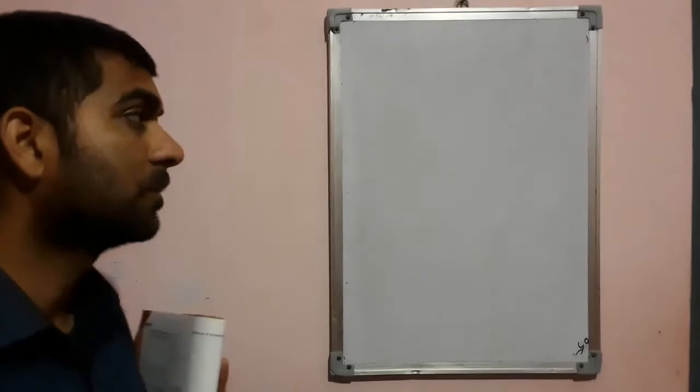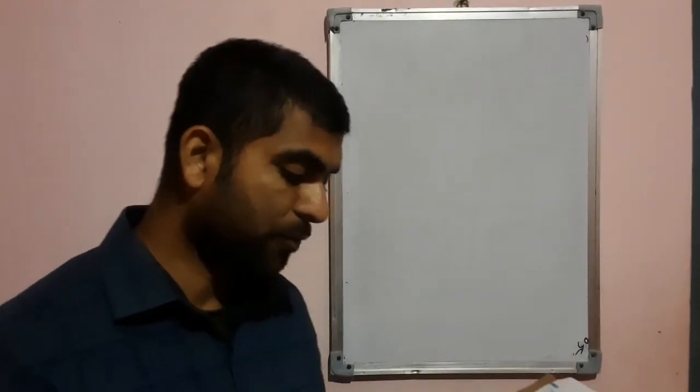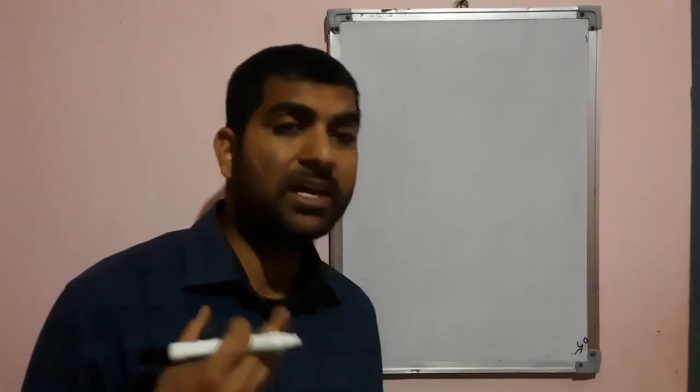Okay, so now let us start with quadratic polynomial. We are already doing quadratic polynomial. Here we have to learn mostly about quadratic, which means degree 2. Any polynomial having degree 2 is known as a quadratic polynomial.